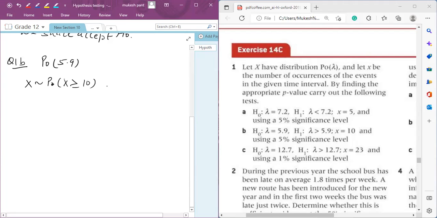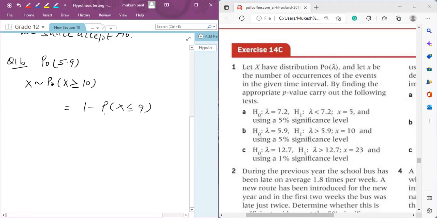If your calculator does not have the option of lower and upper, you have to do 1 minus the probability of X less than or equal to 9.